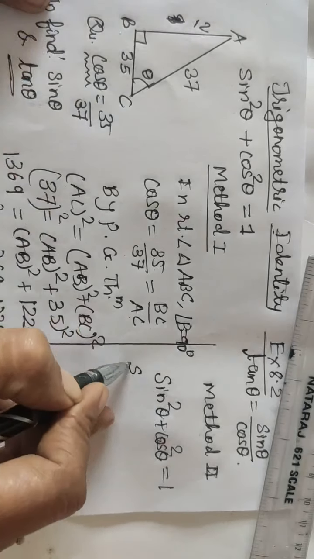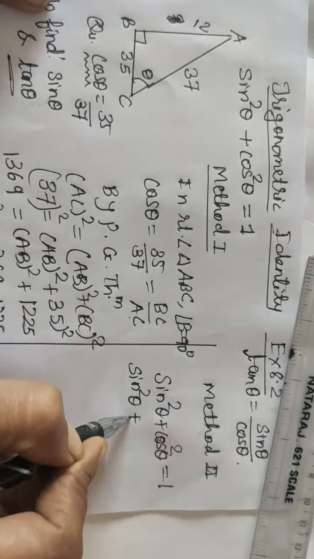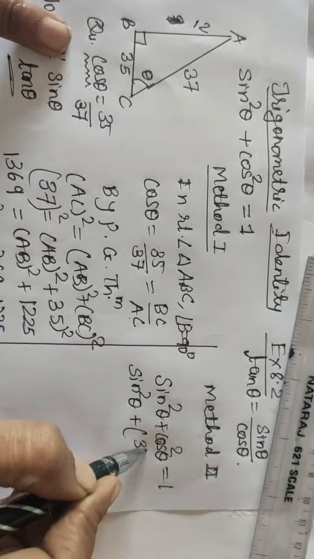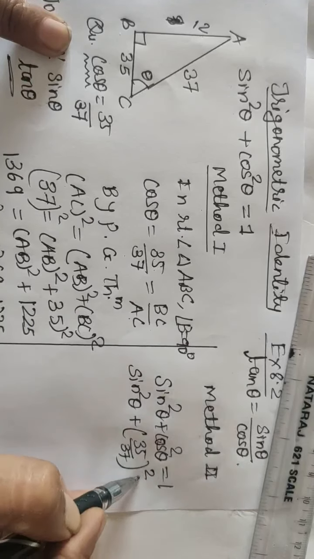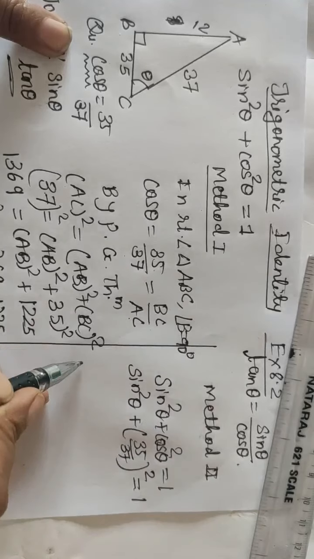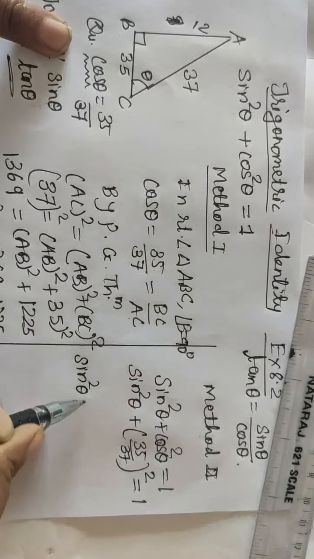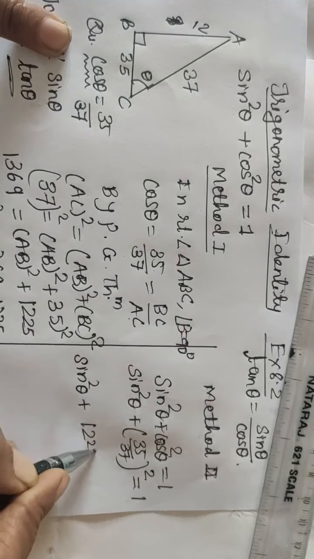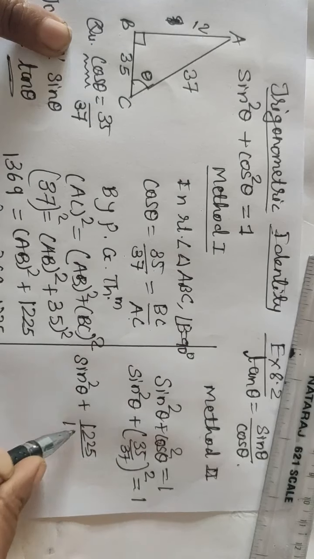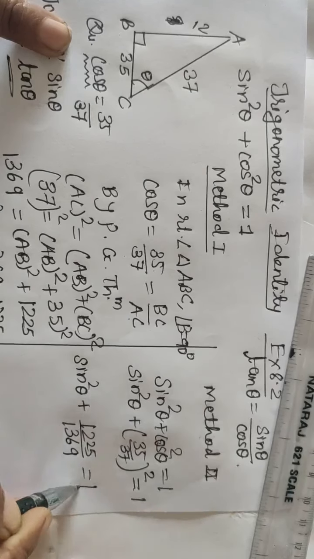So sin square theta will remain as it is, plus cos theta, which is given as 35 by 37, squared, is equal to 1. Now just simplify: sin square theta plus the square of 35, which is 1225, and the square of 37 is 1369, is equal to 1.